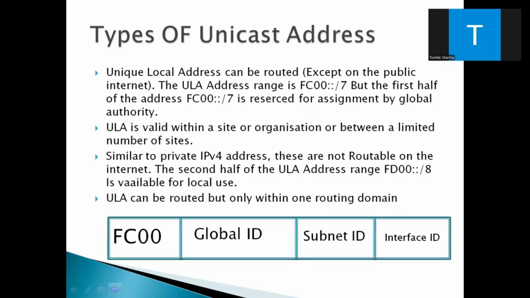Then we have the unique local address. ULA addresses can be routed, except on the public internet. The ULA address range is FC00::/7, but the first half of the address, FC00::/8, is reserved for assignment by a global authority.